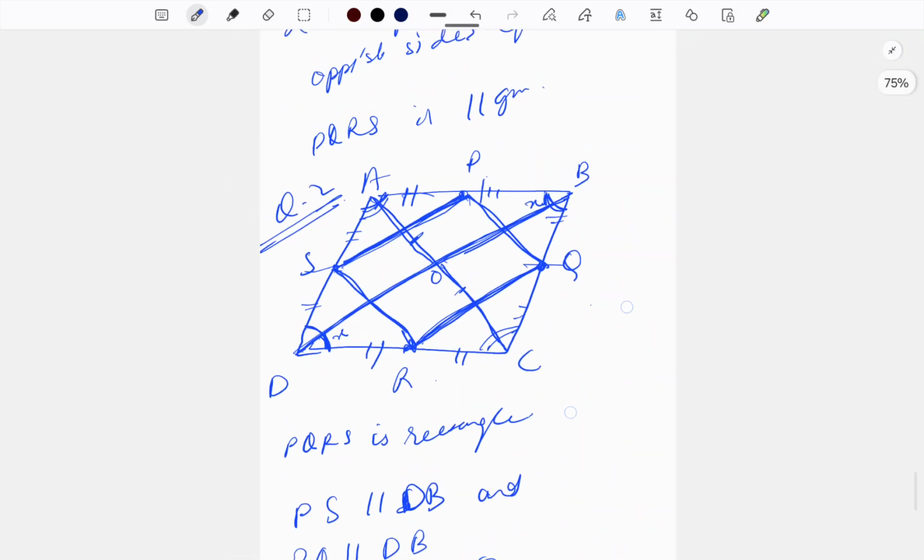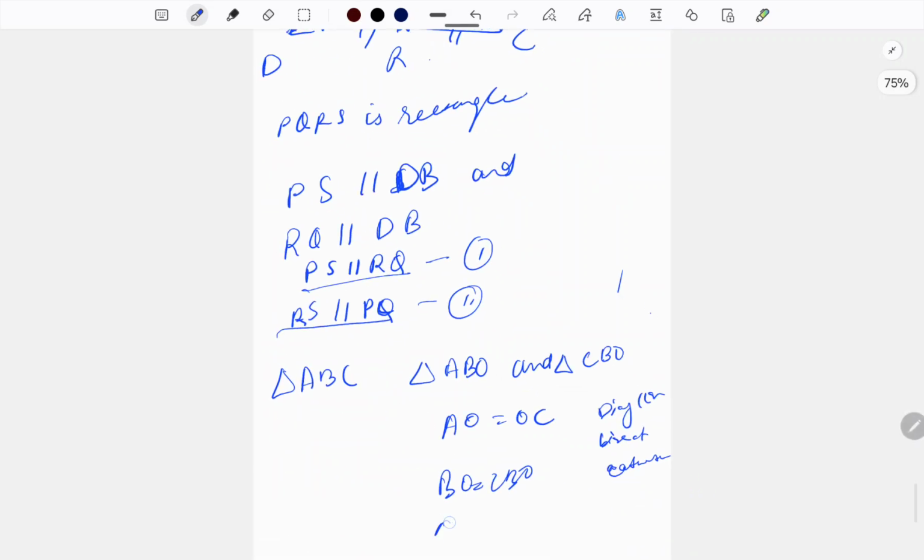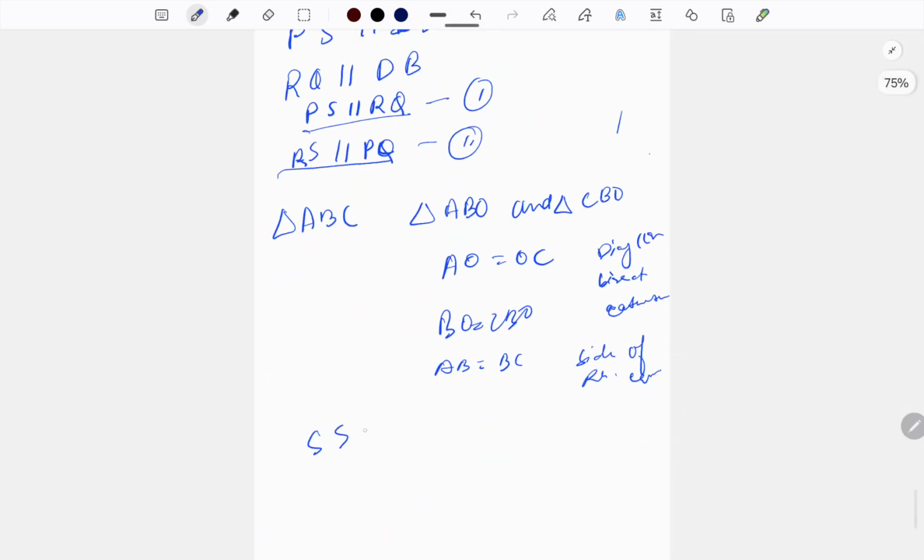And the third part goes as AB is equal to BC because sides of a rhombus are equal. Okay, so by side-side-side, triangle ABO is congruent to triangle CBO.